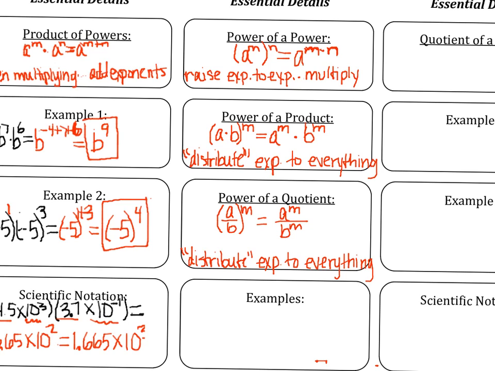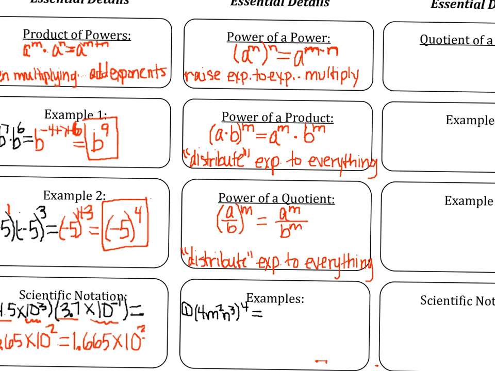And for our examples, you've got two examples written. We're just going to start with the first one. Your first example is the quantity 4 times m squared times n to the third, and that whole quantity is raised to the 4th power.